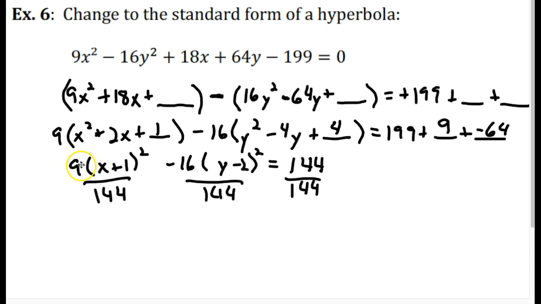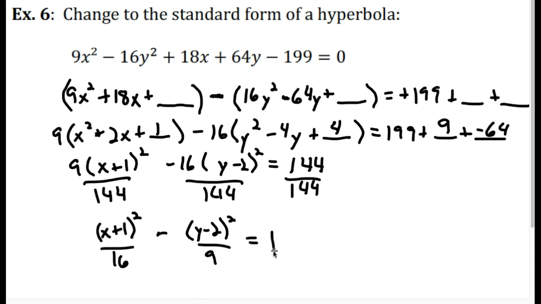So 9 over 144 would reduce to 1 over 16, minus 16 over 144 would reduce to 1 over 9. So this will be y minus 2 squared over 9 equals 1.